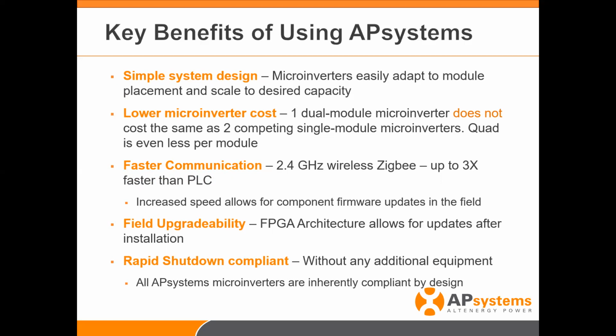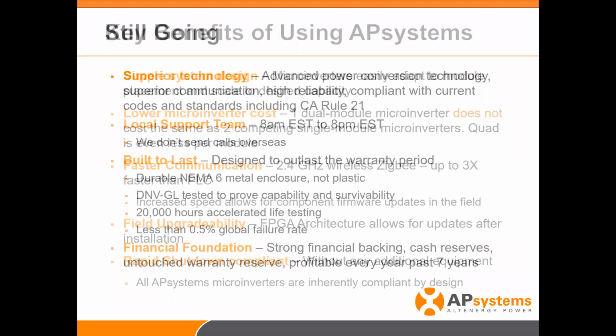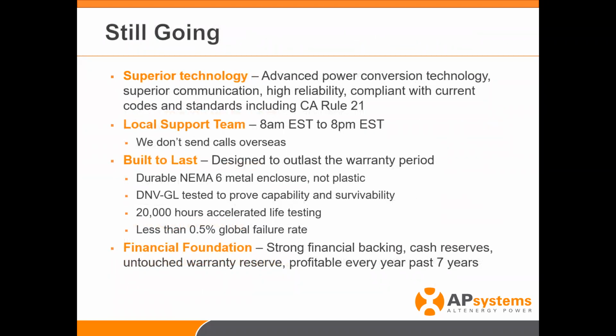It also allows us to do firmware upgrades in the field, which is really handy. That FPGA architecture that we utilize allows us to do that field upgrading. It's inherently rapid shutdown compliant just by design because it stays under that 80-volt threshold, which is really convenient, not having to worry about rapid shutdown, particularly in commercial applications.